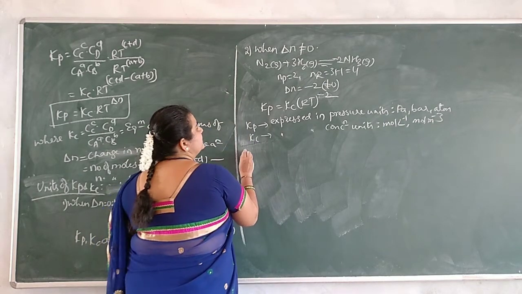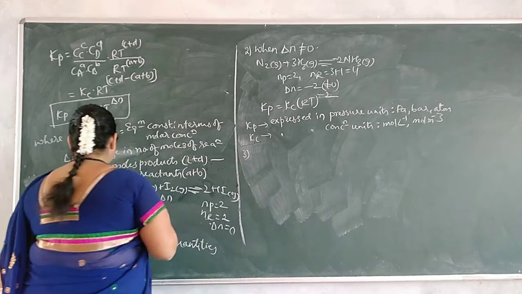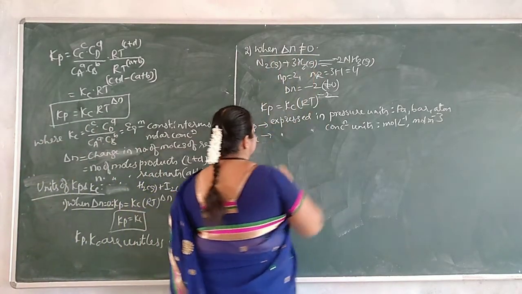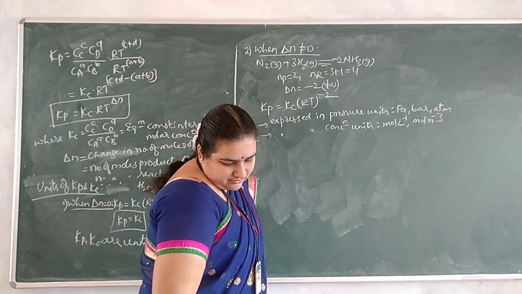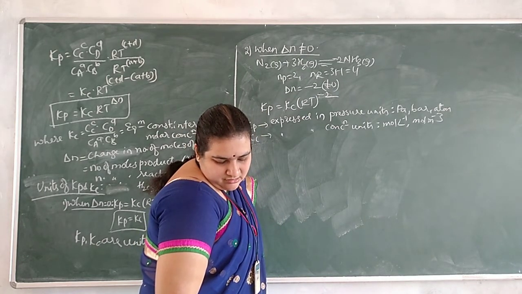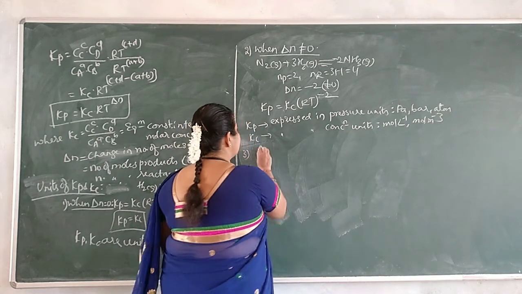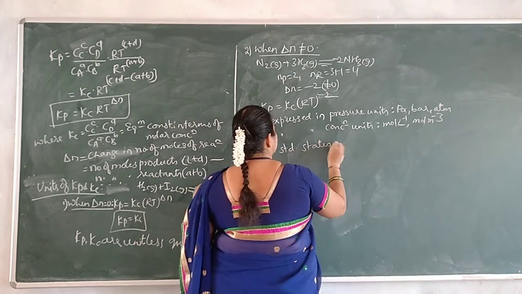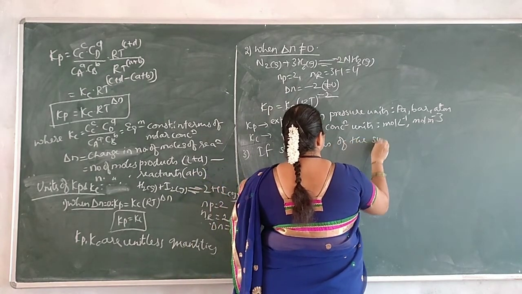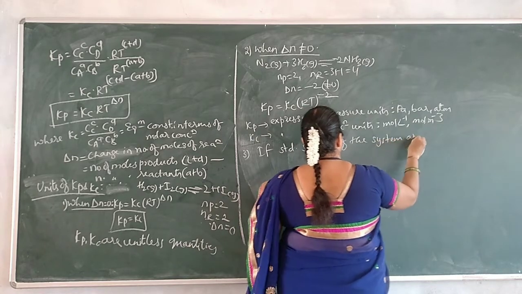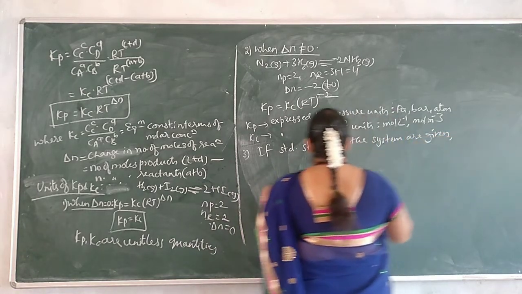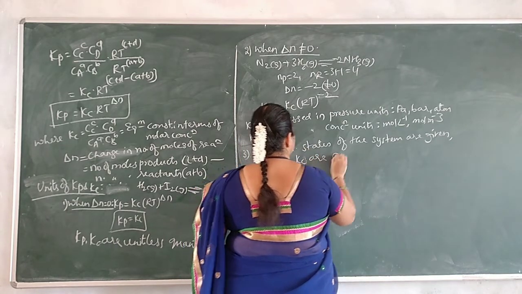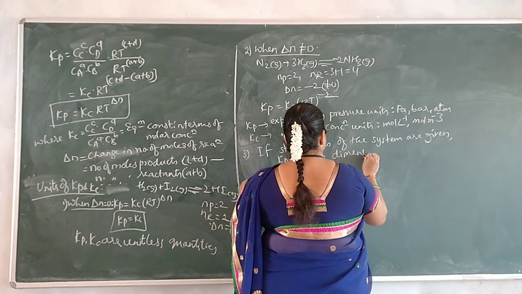Now the third case. First, when delta N is equal to 0. Second, when delta N is not equal to 0. Third, if standard states of the system are given, then also Kp and Kc are dimensionless quantities.